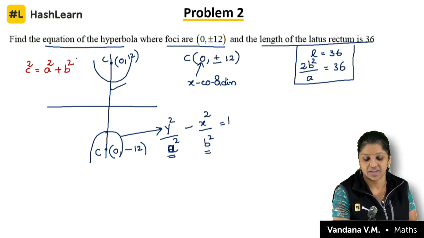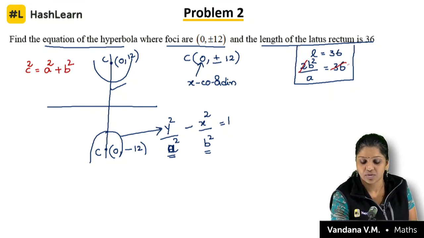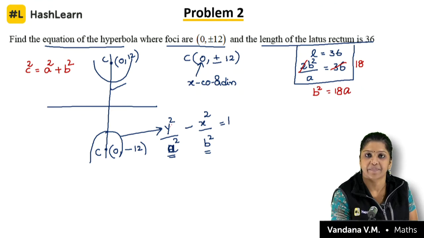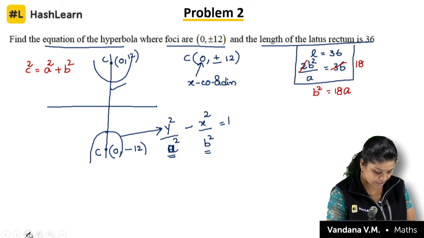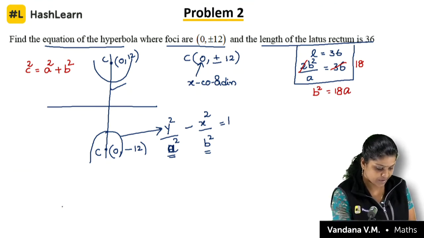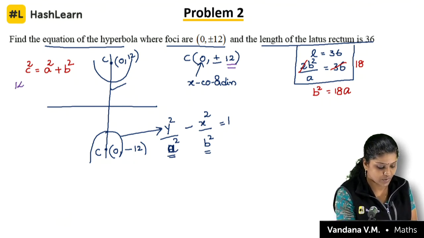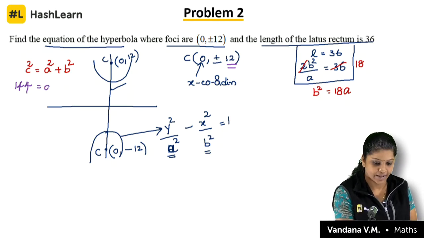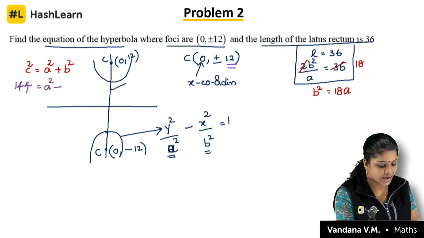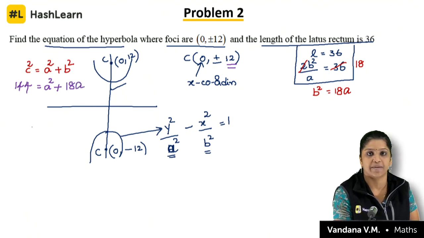You can convert this to 1s are to 18s are. So, b square can be written as 18a, isn't it? Just dump the values over here. c value I know, children, that is 12 square is nothing but 144. a square value I don't know. b square can be written as 18a.